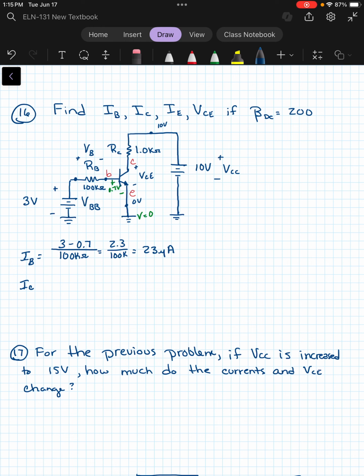And there's no real way to know that until we find the current through the collector and multiply that by RC. So IC, remember, is also the DC beta times IB. And we are given that the beta is 200. So 200 times 23 microamps tells us that we should have a collector current of 4.6 milliamps.